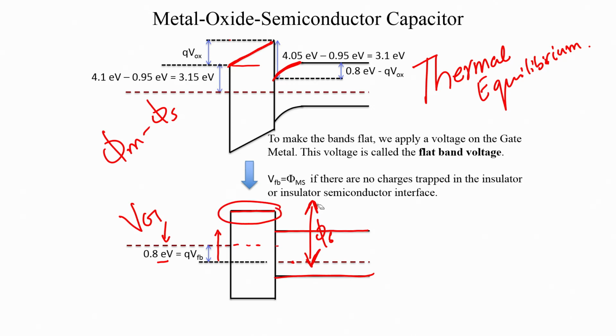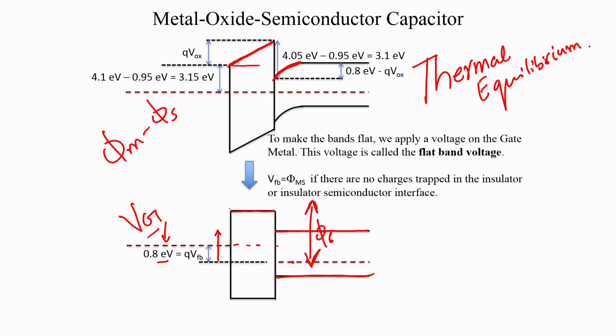At thermal equilibrium we had some situation, but it need not always be this way; this is the situation for the numbers we have chosen. The bands could be bent the other way. It really depends on what the work function difference is between the metal and the semiconductor. But in our particular case, the bands were bent downward, and in order to achieve the flat band condition we needed to apply a gate voltage.